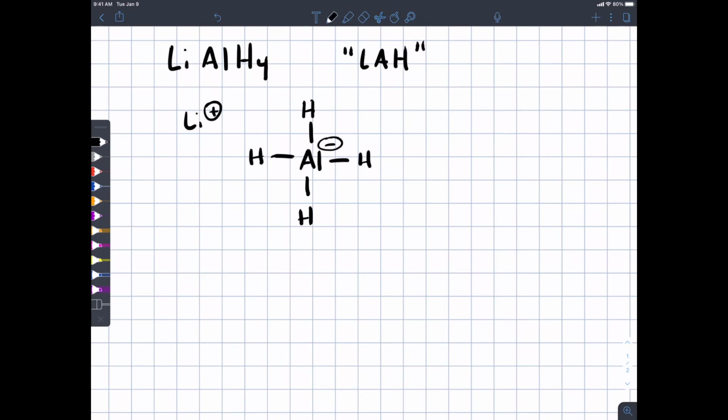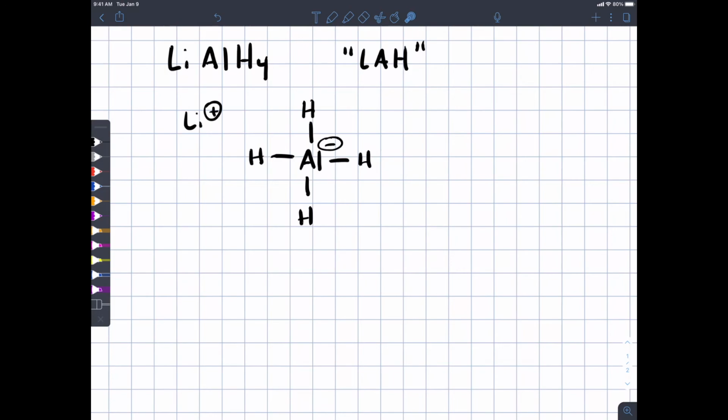formal charge. Okay, so right away you're seeing that this reagent has a portion of it that has an excess of negative charge. Now, let me say that backwards because the way I started to say it was wrong. Aluminum is actually less electronegative than hydrogen. Remember, formal charge is just about counting electrons. It doesn't necessarily tell you where the electron-rich portions of the molecule are.